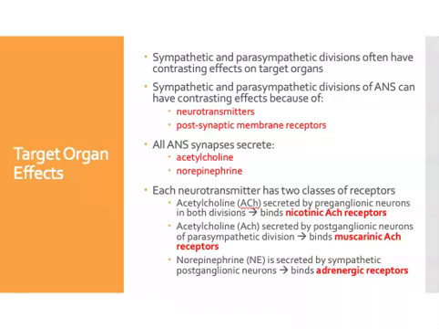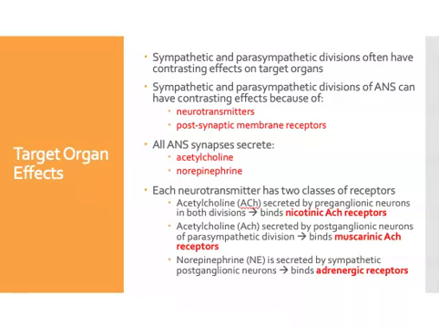It's tempting to say that the sympathetic division is all about alertness and stress, and the parasympathetic side is all about calming and relaxing. But it's not true. Neither side has pure function like that. So the sympathetic and the parasympathetic divisions can have contrasting effects on target organs, but they're not purely of either type. They're not purely stress or purely relax.